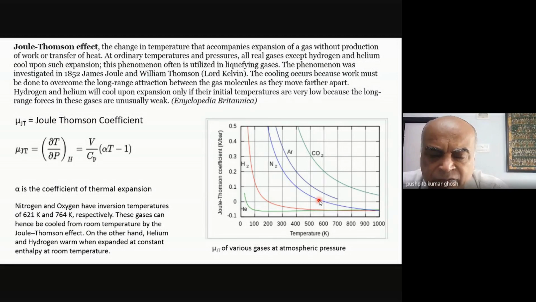If I have increased repulsion, then of course when they're expanded, I will effectively stabilize the system. So stabilizing means going to a lower energy, and it will release heat. And that's what will happen in the case of hydrogen and helium.